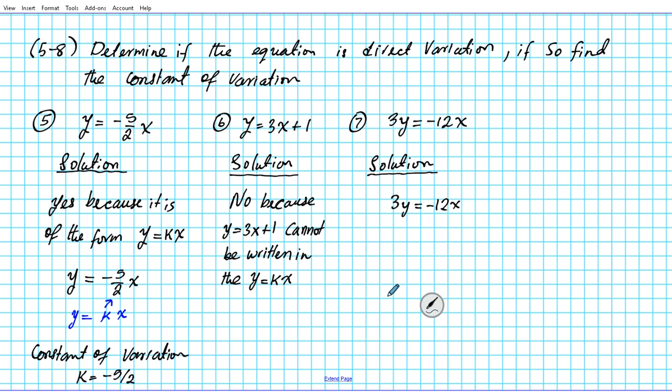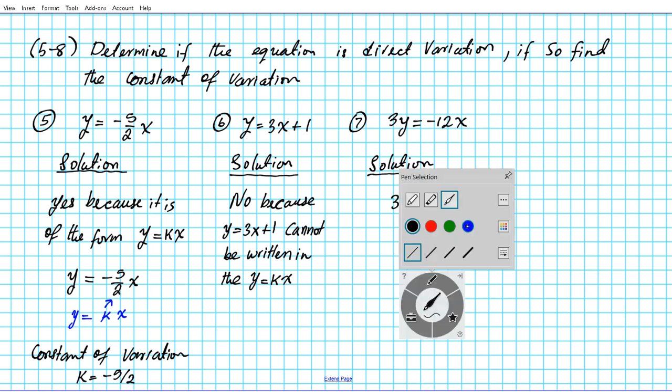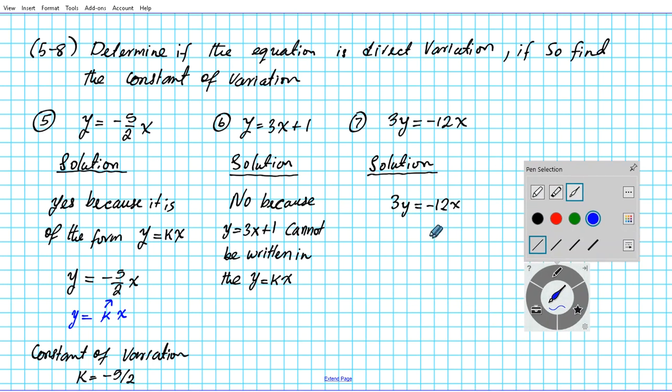Can I write it as y equals kx? The answer is yes. If I divide both sides by 3, I will have y equals negative 4x. Bam. So it is a direct variation.